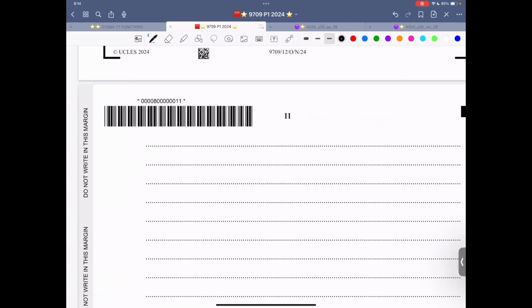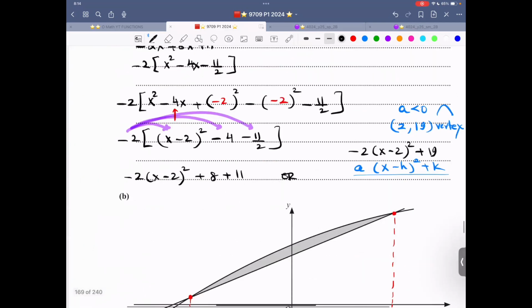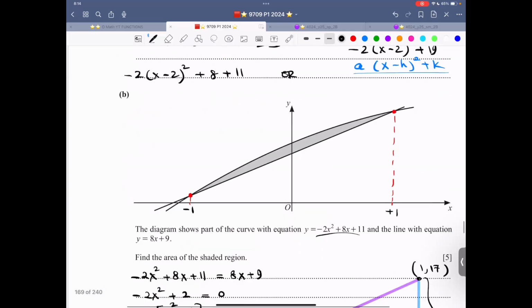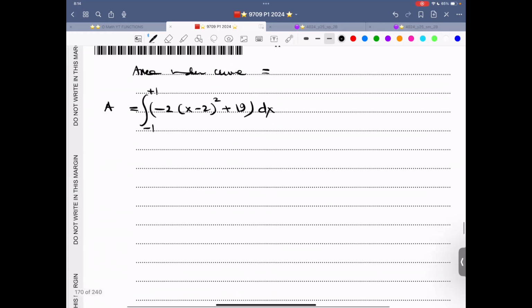So area under curve. Now, either you can integrate this part, or I can use this thing also: minus 2 (x minus 2) whole square plus 19. So that is negative 2 (x minus 2) whole square plus 19, dx, and the limits are negative 1 and positive 1, and this is area under the curve.